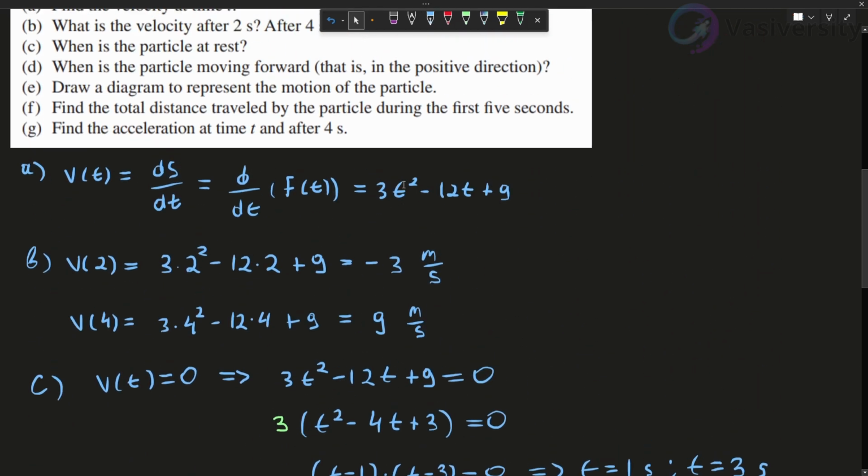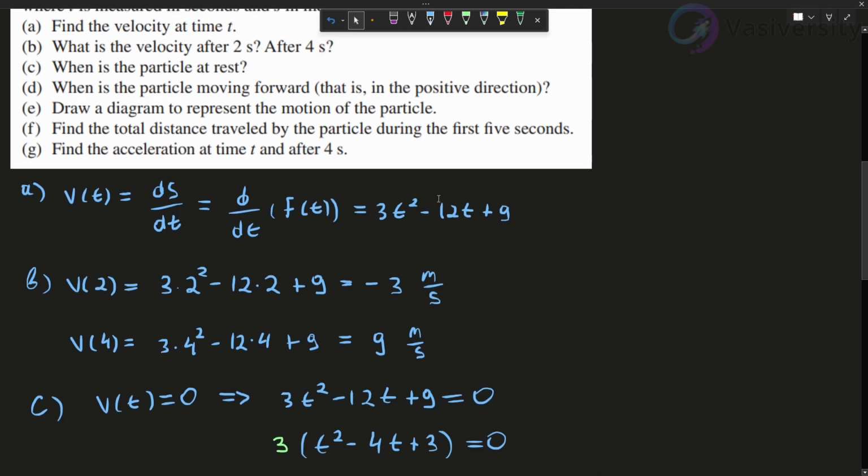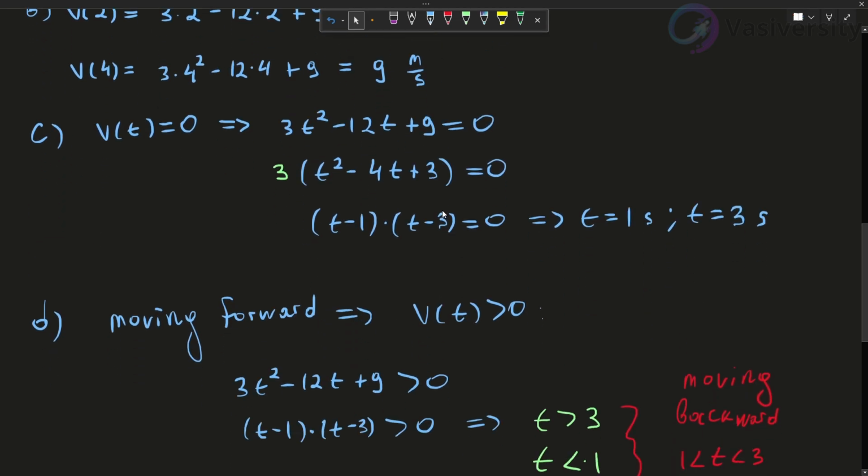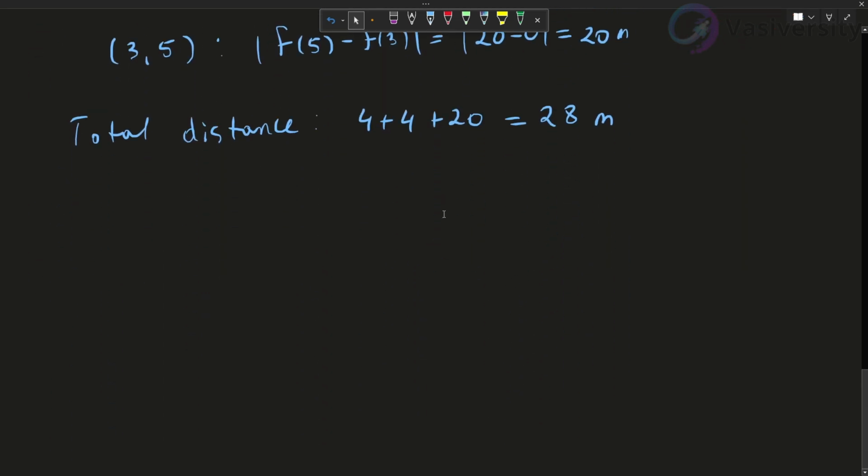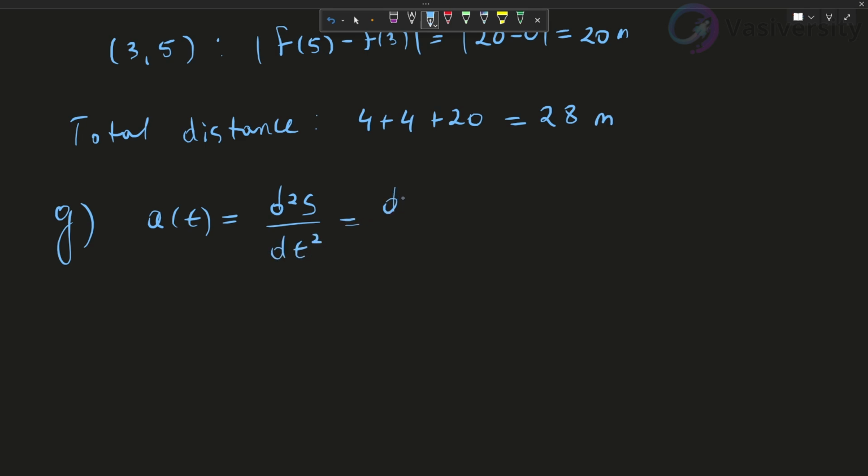Righty. And then the last part is find the acceleration at time t and after 4 seconds. Okay. Perfect. So for part g, we know that a of t, which is acceleration, is equal to d squared s over dt squared, the second derivative of the position, which is the same thing as the derivative of the velocity, which is equal to 6t minus 12.